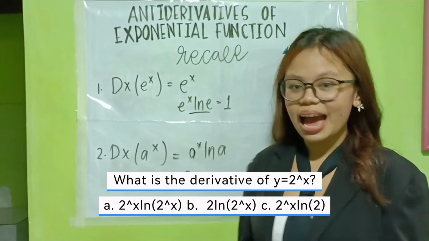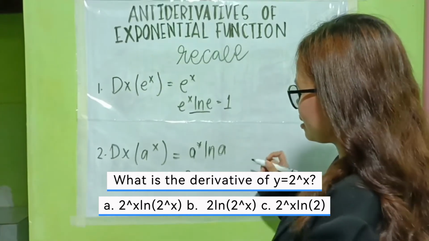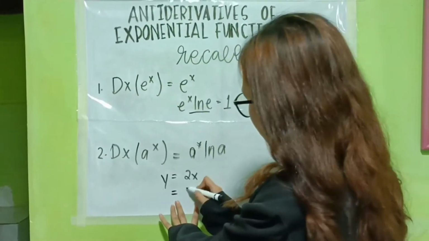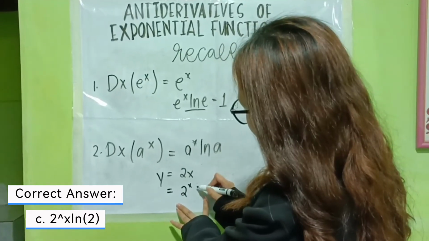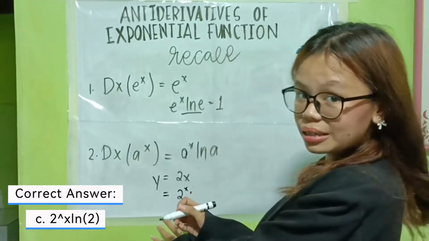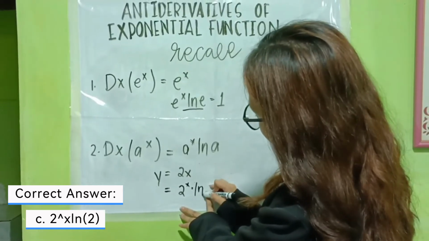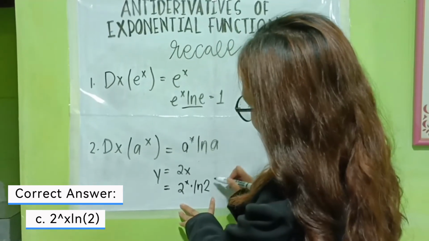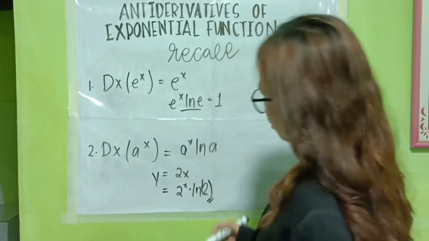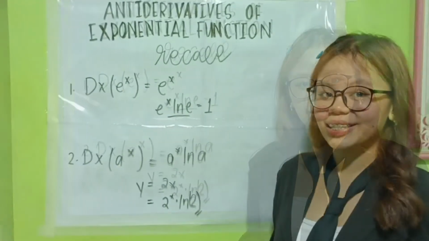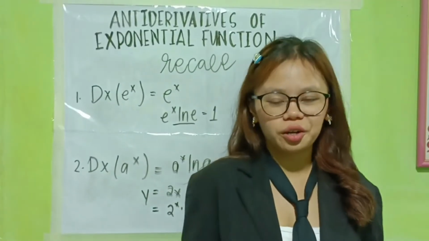So yes, the answer for this is 2 raised to x times the natural log of 2. And this is our final answer. And that is the end of our recall today.